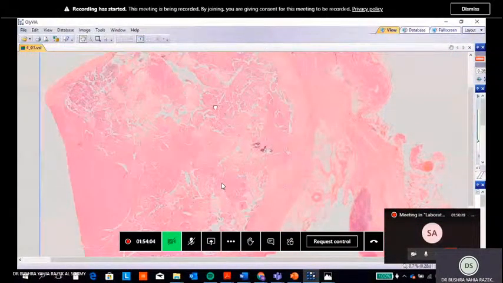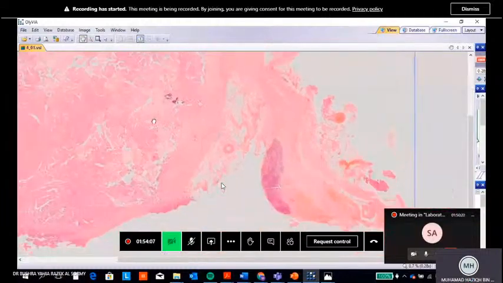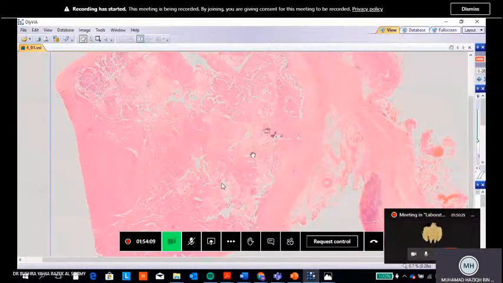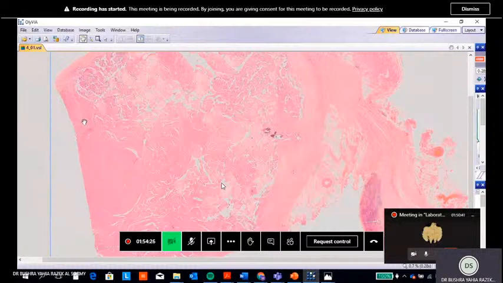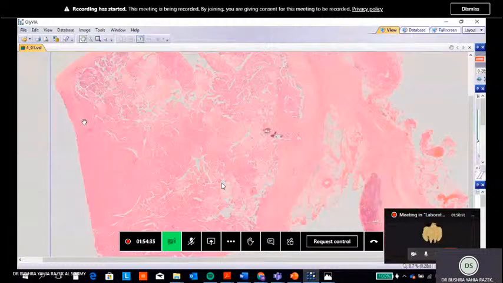Does that mean psammoma bodies can also appear in multinodular goiter? No. Why multinodular goiter? I said any papillary carcinoma. That one is not a psammoma body, it's just calcification in multinodular goiter. Psammoma bodies are what we call whorled concretions.